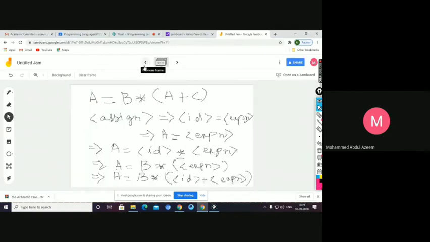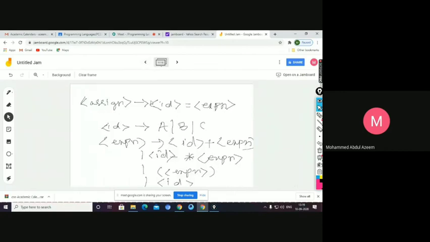And this grammar is said to be a recursive grammar as well. Why? You can see here expression, the left hand side of this particular rule, is available in the right hand side. When you find the LHS part in the RHS, you say the rule is a recursion, and this particular recursion is said to be the right recursion, right?